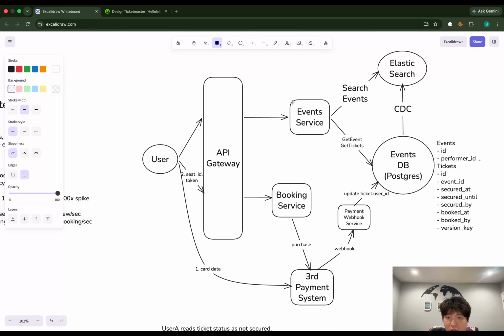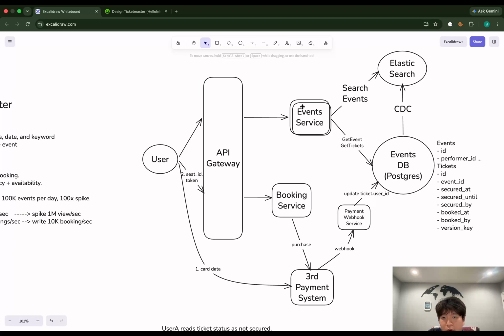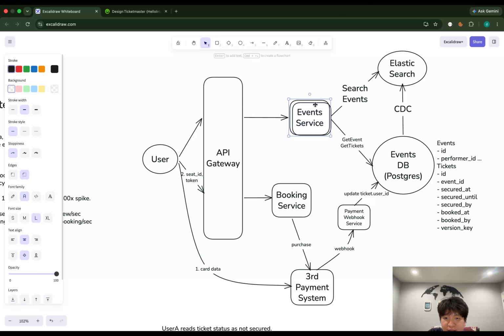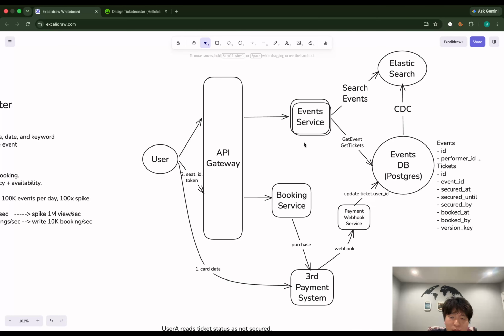And for the server, I will use the auto scaling of, let's say, EC2 instances so that they can horizontally scale. The good thing is these APIs are stateless, so I can just scale out horizontally.